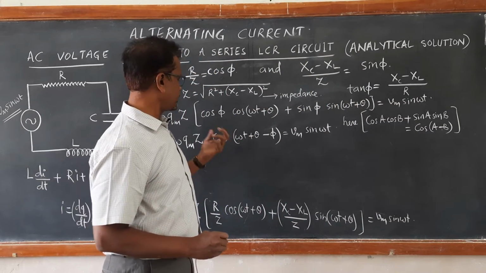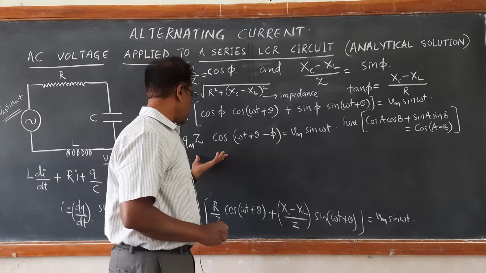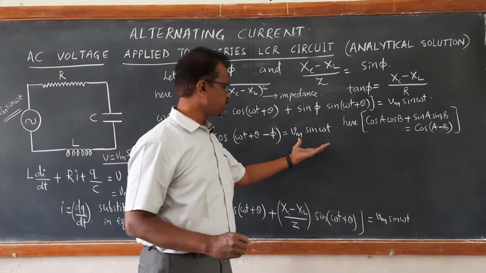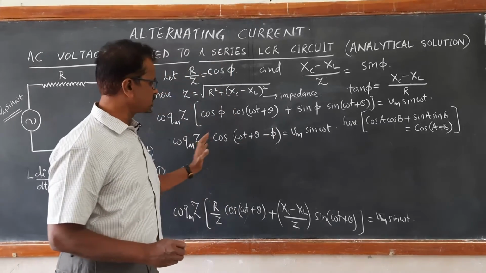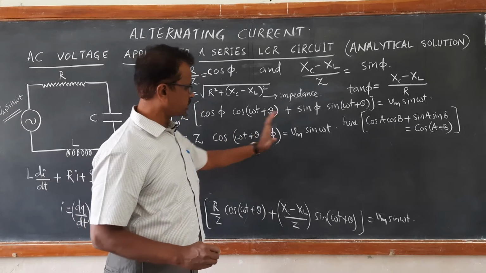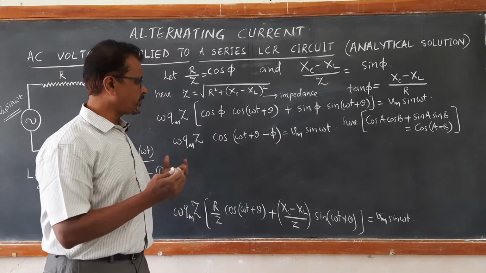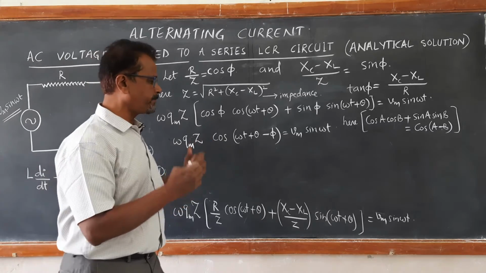So finally we get the equation in cos on the left hand side, and the right hand side is in sin. So let us express this cos function in terms of sin, so that we can have a good analysis and good comparison.